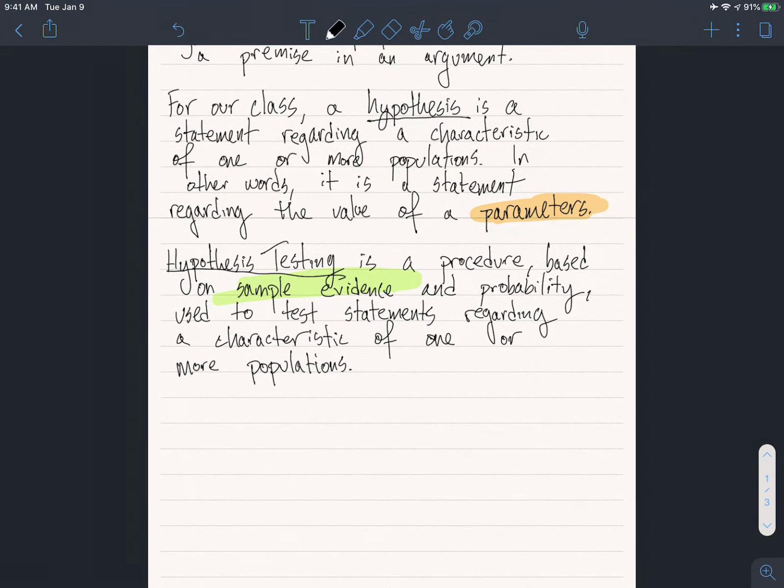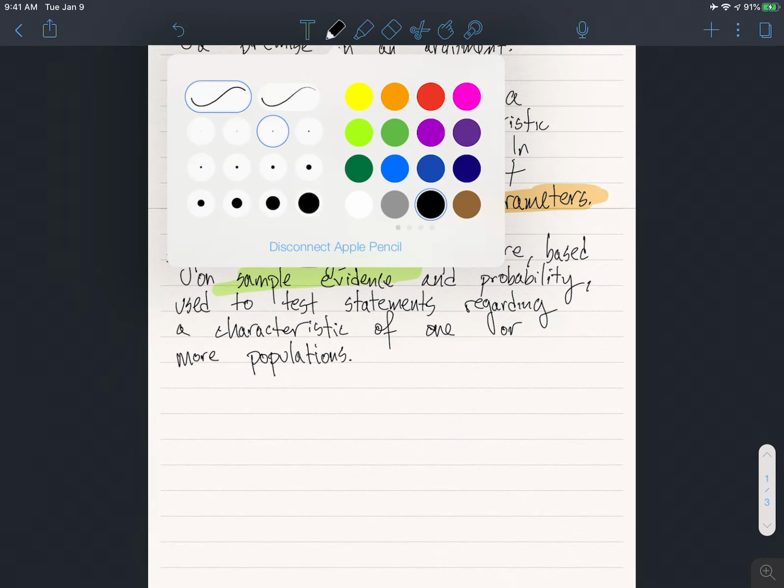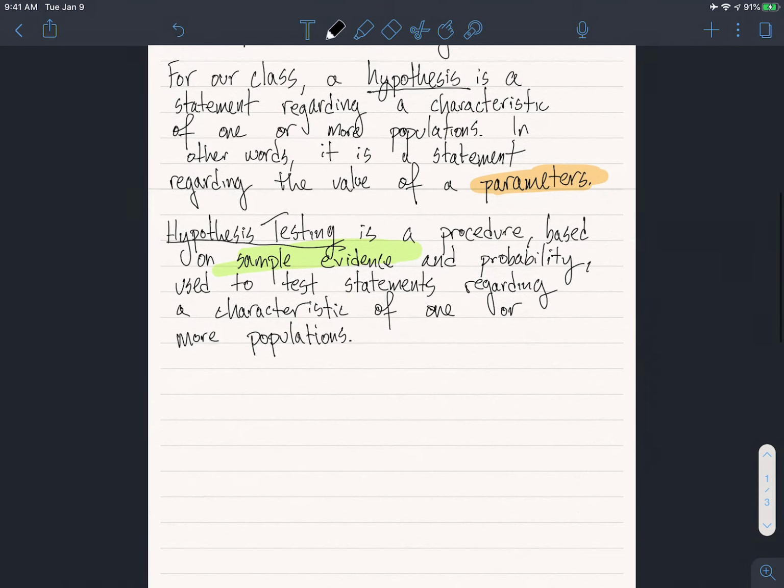It will get a sample together and produce a result from that sample, a statistic, and that statistic may be evidence enough to refute the original hypothesis. So that's the whole point of this chapter.